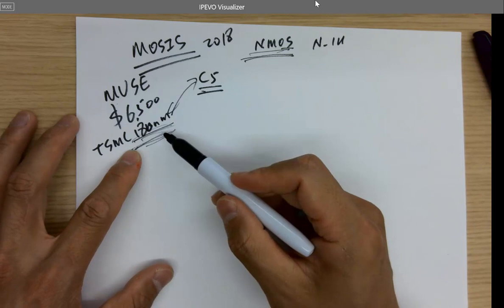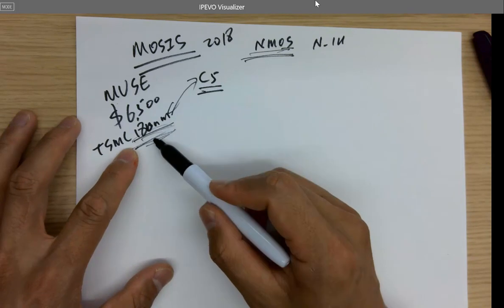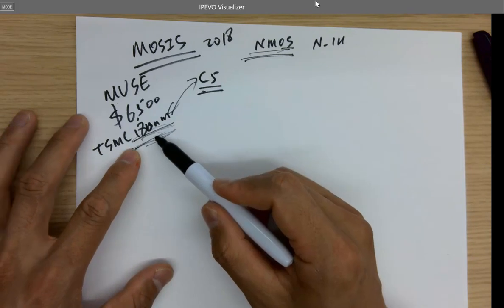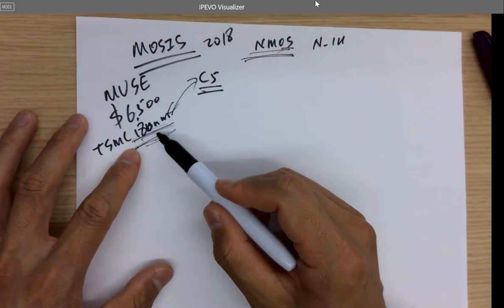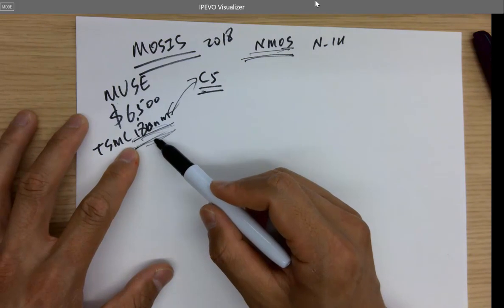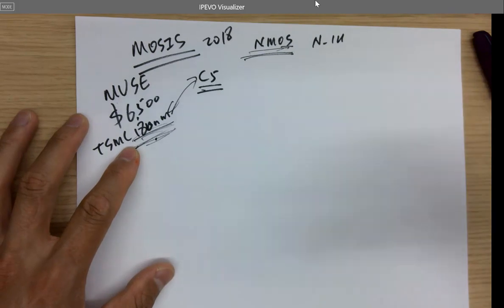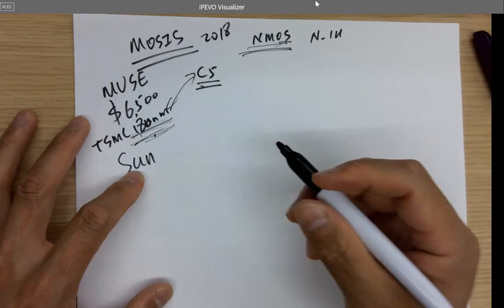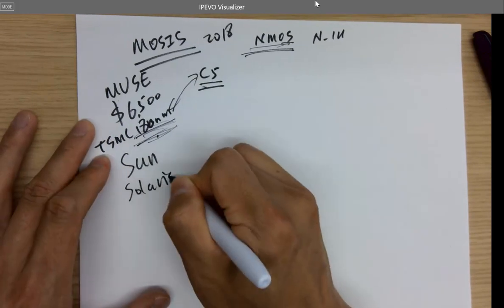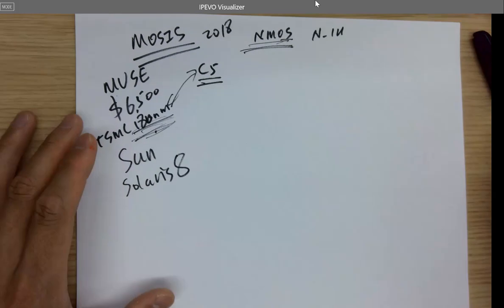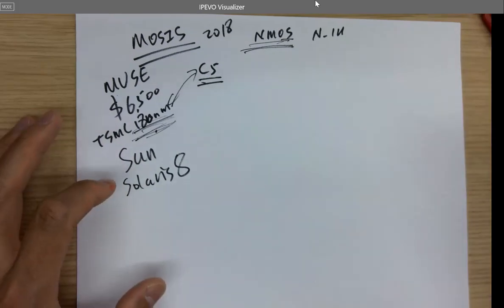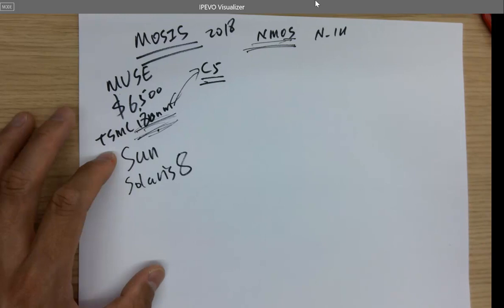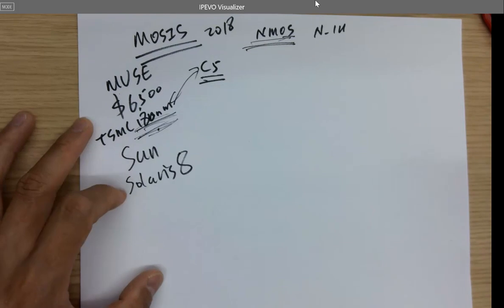We're trying to make the memory files from this design kit, and the memory file has to be compiled on a Solaris machine. It's a Sun machine, called Sun computer, and runs a Solaris 8 operating system. This is a 20 to 30, 25 probably years old computer tower and operating system. Nobody's still using that.